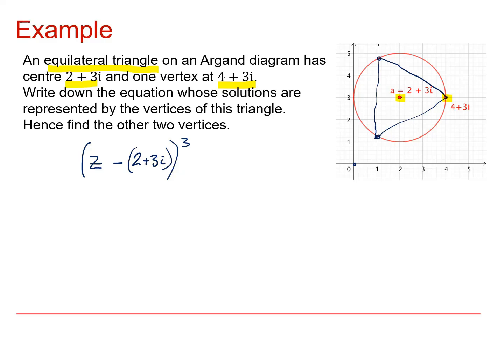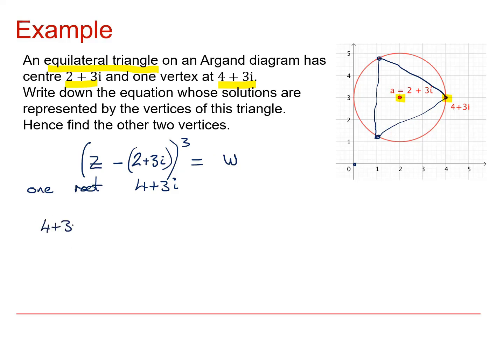So these points are going to be the solutions of this thing being equal to some number, and I don't know what that number is, so I'll just call it w. What I do know is that 4 plus 3i is one solution. So if I plug 4 plus 3i into that equation, I should be able to find w.